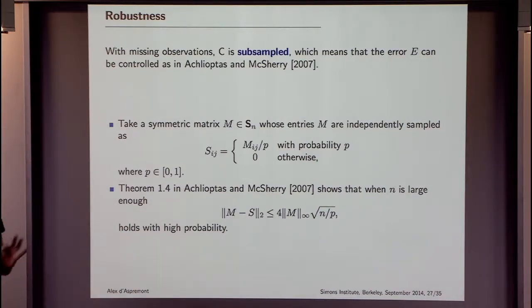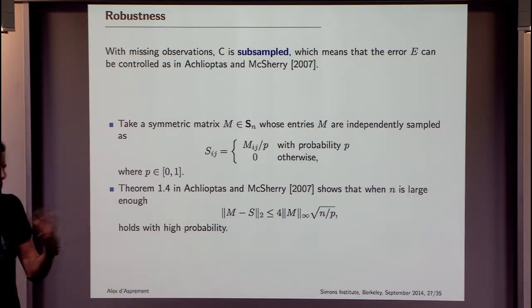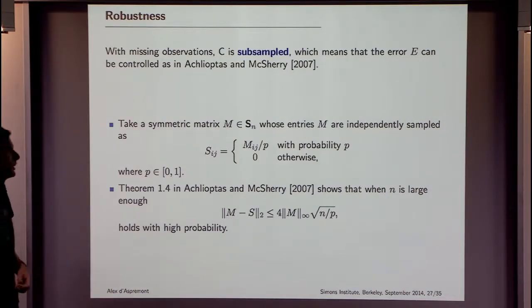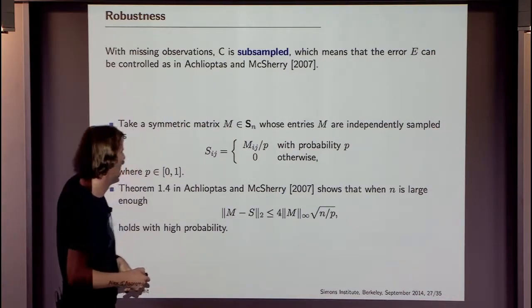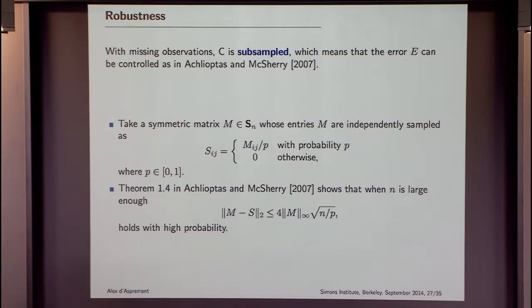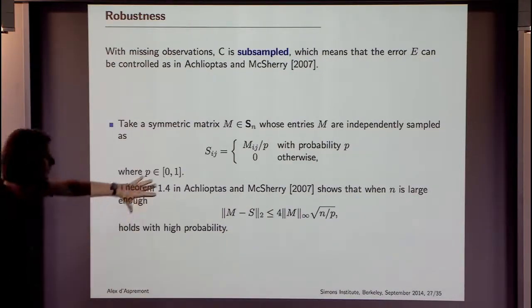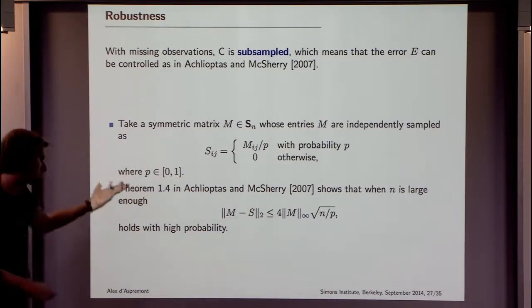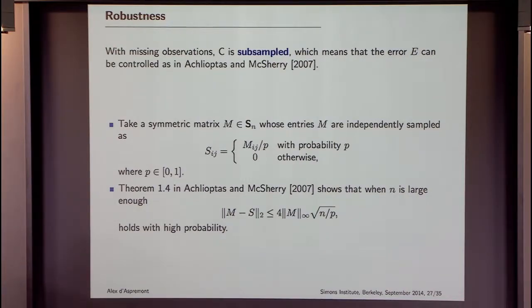You zero out certain coefficients, and that speeds up the matrix-vector products you're doing in eigenvalue computations. Okay? And so there are results, for example, in Achlioptas and McSherry, showing how to bound the error in the Laplacian matrix in this case, based on the number of entries you're keeping.